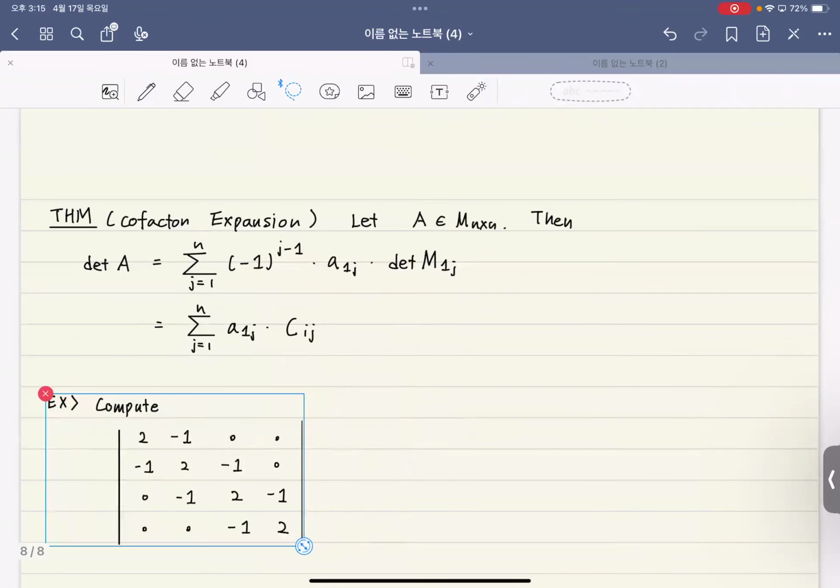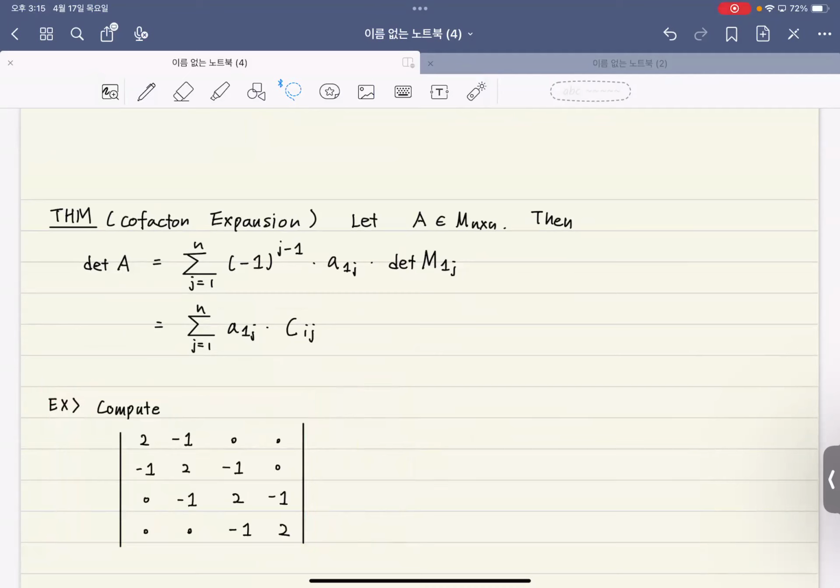Let me try to compute the determinant of this guy. Since we are using the cofactor expansion, the first number in the cofactor expansion, this number times the cofactor of this, which is the determinant of this guy times minus 1 to the 1 plus 1, this is the 1,1 component.